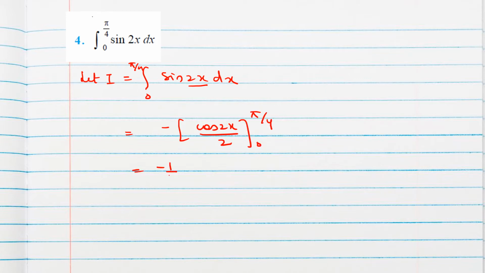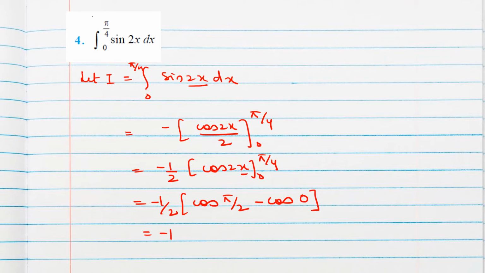This minus 1 by 2 we can take outside. Cos 2x between the limits 0 to pi by 4. Now we'll substitute x value pi by 4. Already 2 is there, so 2 pi by 4 means pi by 2. And here if you put 0, it will give 0 only. Now we know cos pi by 2 is 0, cos 0 is 1. So the final answer will be half.